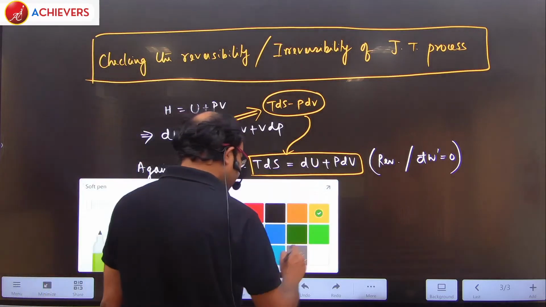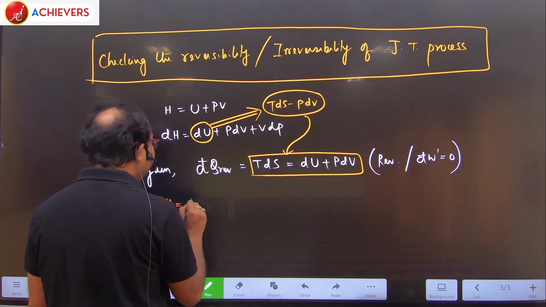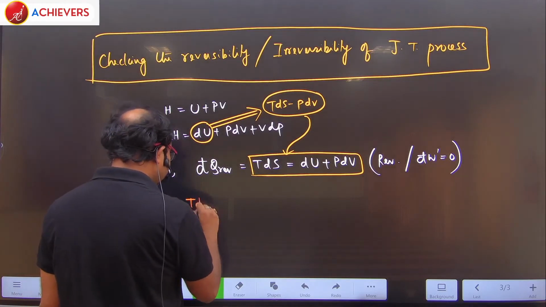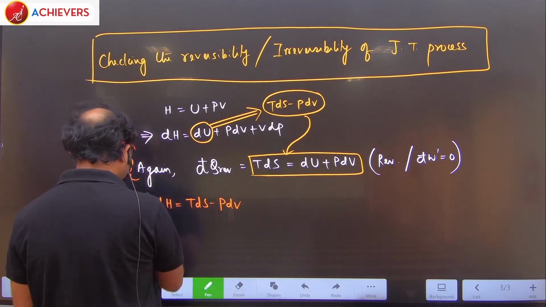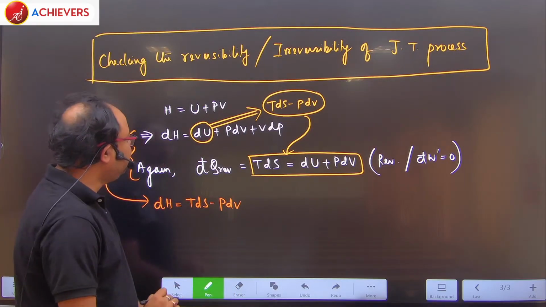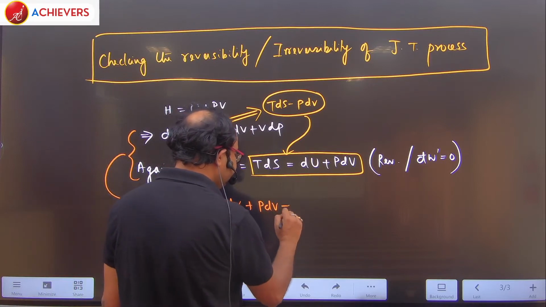If we do so, we get dH equal to TdS minus PdV plus PdV plus VdP.